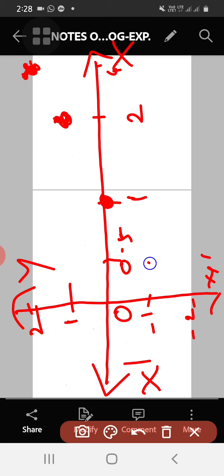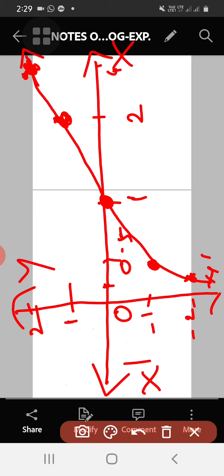I got this: for x equal to 0.5, the value of y is minus 1. Similarly, if x is 0.25, the value of y is minus 2. So it is decreasing, for 0.25 it is minus 2. So let us join these points.